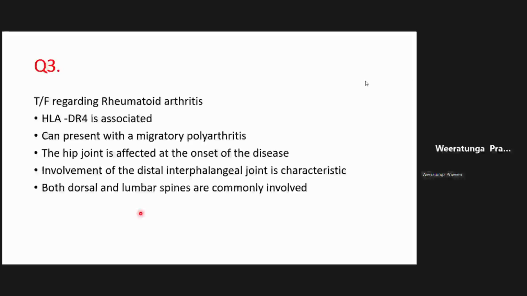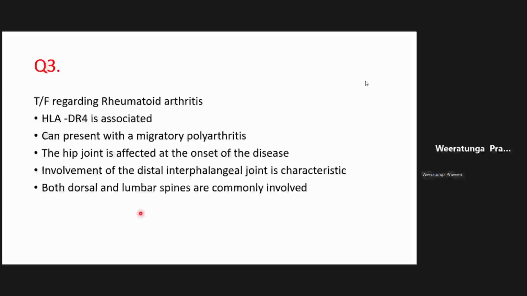Distal interphalangeal joint and the hip joint are spared in rheumatoid arthritis. Also, the spine is relatively spared as well, so the axial skeletal joints in the spine are also preserved in most cases.